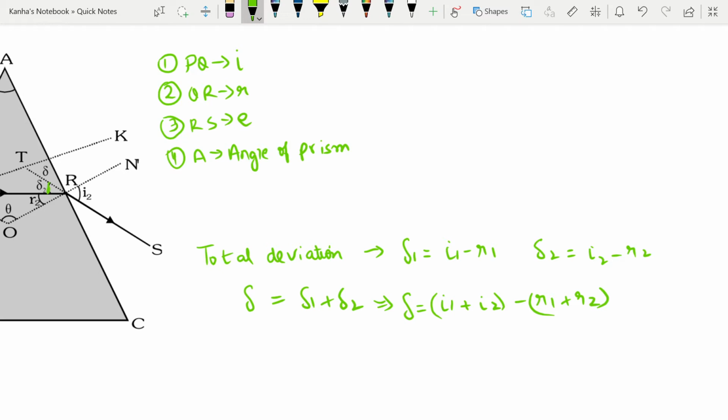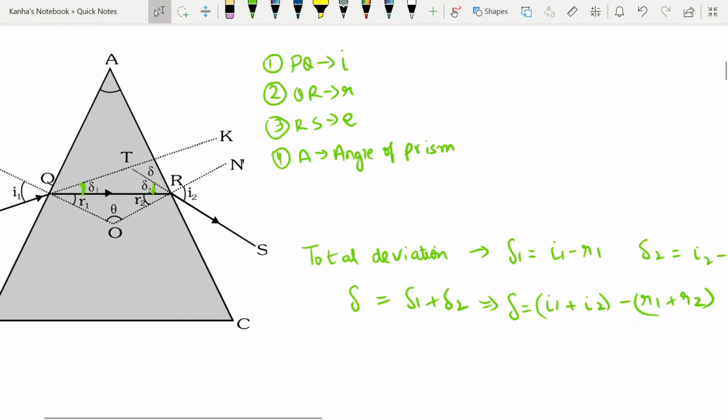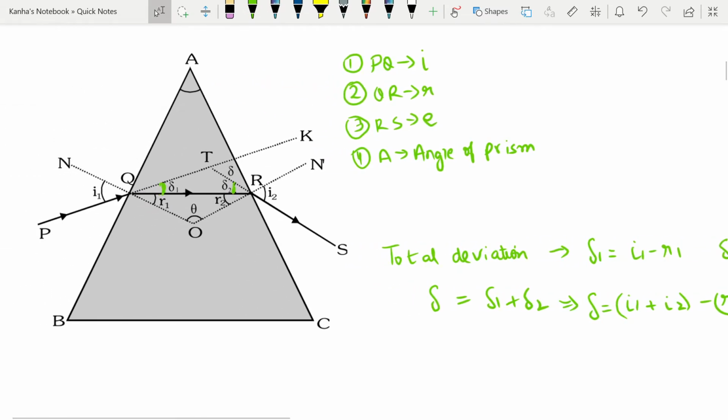With this in mind, I can go back and look at the triangles, let's say triangle QOR. In this triangle, one angle is R1, another is R2, and another is at the center, which is theta. So R1 plus R2 plus theta is equal to 180.